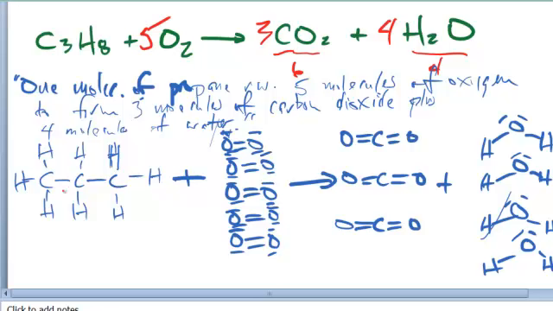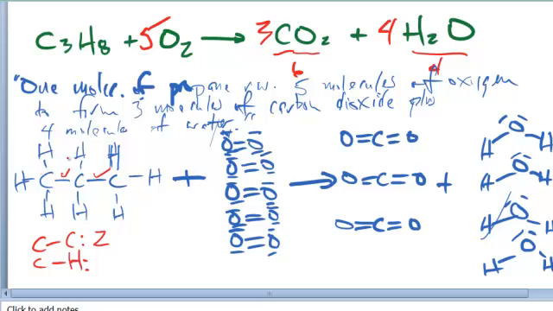Let's look at propane. All right, so I immediately see a carbon-carbon single bond. We have one here and we have one there. So carbon-carbon single bond, and there are 2 of them. And then I see a lot of carbon-hydrogen single bonds. So let's draw that.